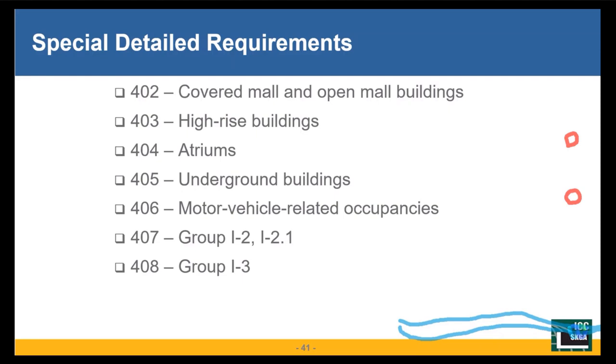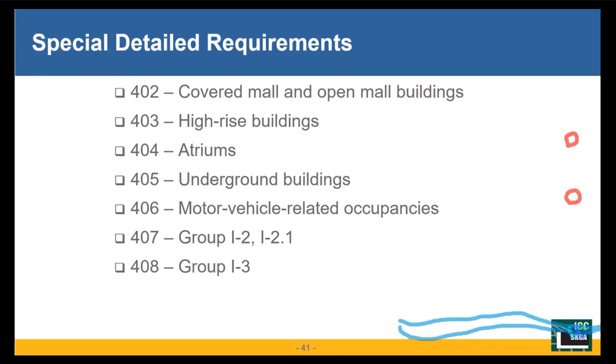but their use dictates some changes. For example, a covered mall building here is considered mercantile, whereas a motor vehicle related occupancy that has, like, a gas station or a mini mart could be considered mercantile, but the requirement, depending on how it's built, for a gas station is a little bit different than a covered mall.